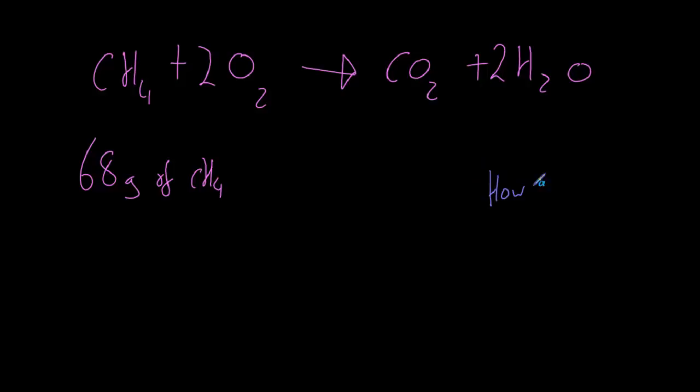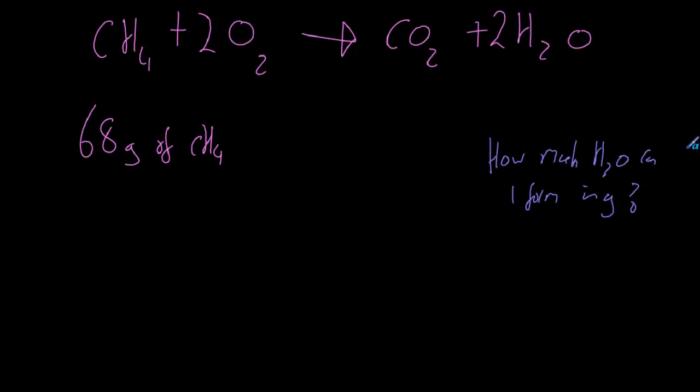and I asked, how much H2O can I form, in grams? I'm going to have to work out the number of moles that I need first. So I'm going to go through this slowly and hopefully you'll be able to keep up.